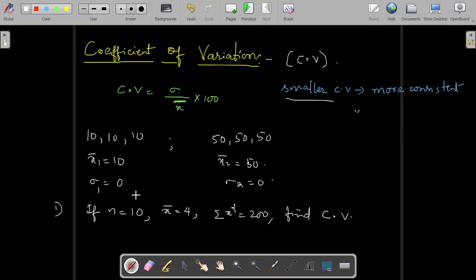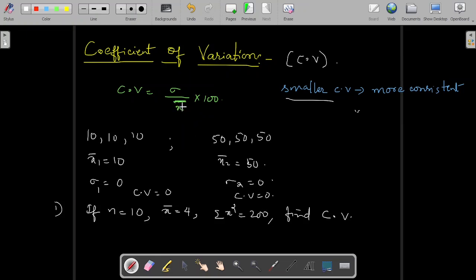So in that case what happens to your CV? CV becomes 0. In the other case also CV becomes 0. But before drawing the conclusion, you have to check the mean of each series. The second series has the higher mean, so the second series is more consistent than the first.